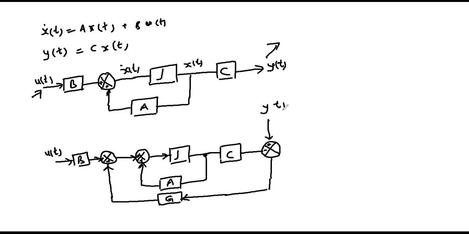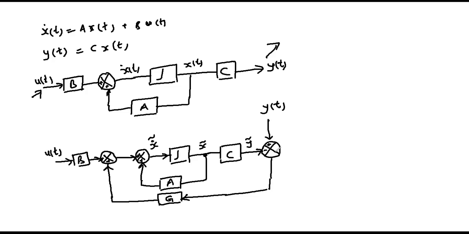This is the measured output of the system. This is the input or the control variable for our given system. Then at this point, this will be the estimated values of the derivatives of the states. To indicate the estimated values, we use a tilde, and therefore this will be the estimated states of the system. And from this, we notice this output will be an estimated output of our given system.